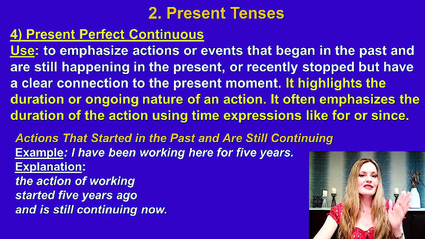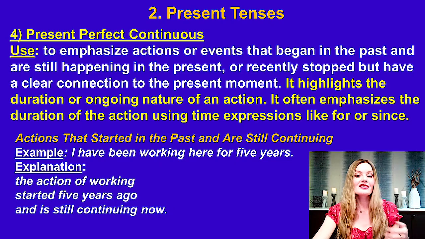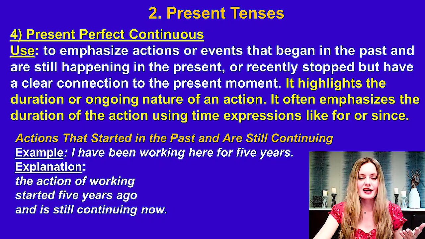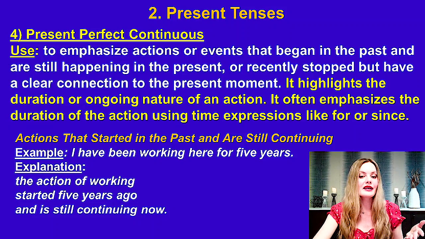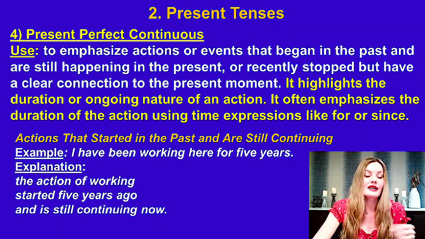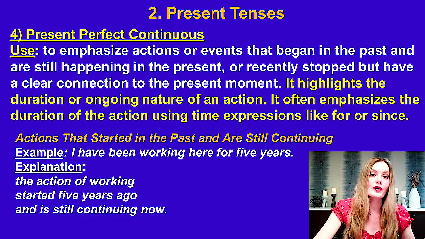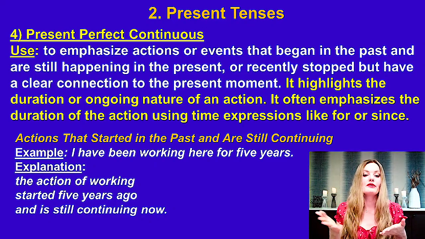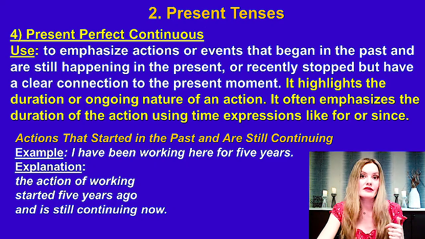So, present perfect continuous describes actions that started in the past and are still continuing. For example, I have been working here for 5 years. The action of working started 5 years ago and is still continuing now. I have been working here for 5 years.